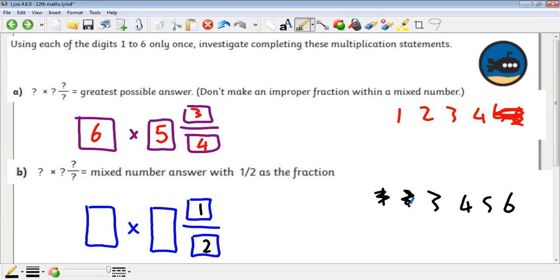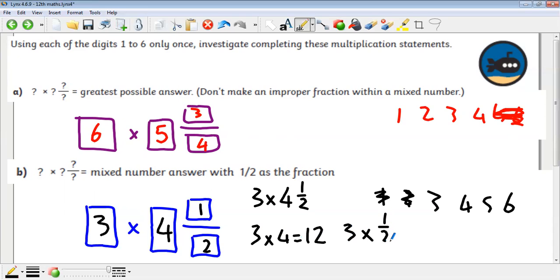So let's imagine, let's see what would happen if we put in a 3 and a 4, for example. So 3 lots of 4.5. 3 4s is 12. And then by doing an odd amount of halves, it's going to ensure that you're always going to have that half dangling off the edge, so to speak.